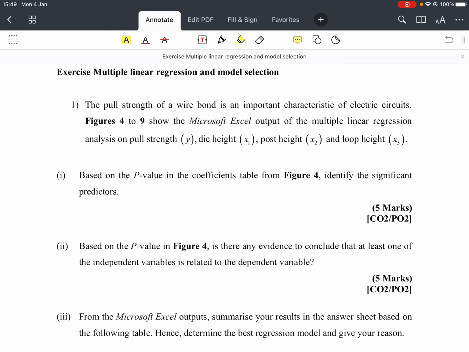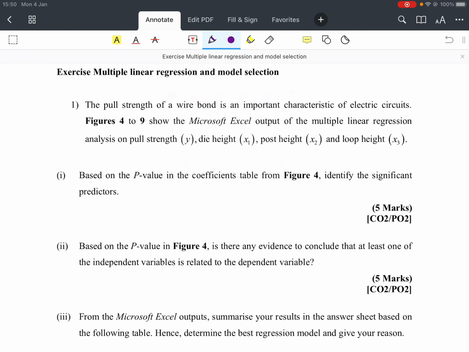So number 1, the pull strength of a wire bond is an important characteristic of electric circuits. Figure 4 to 9 show the Microsoft Excel output for the multiple linear regression analysis on pull strength Y, die height x1, post height x2 and loop height x3.